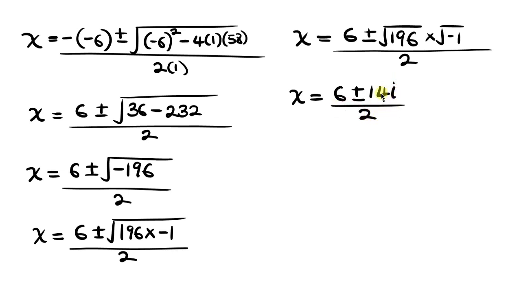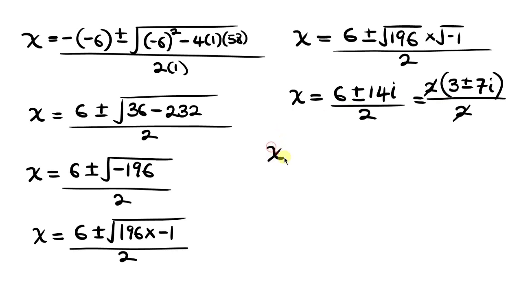We can actually factorize the numerator. You notice that 2 is actually common. So if I factor out 2, I'll have 6 divided by 2, that's 3, plus or minus 14i divided by 2 is 7i all over 2. So these 2 can actually go with these 2. So we have 2 complex solutions here.